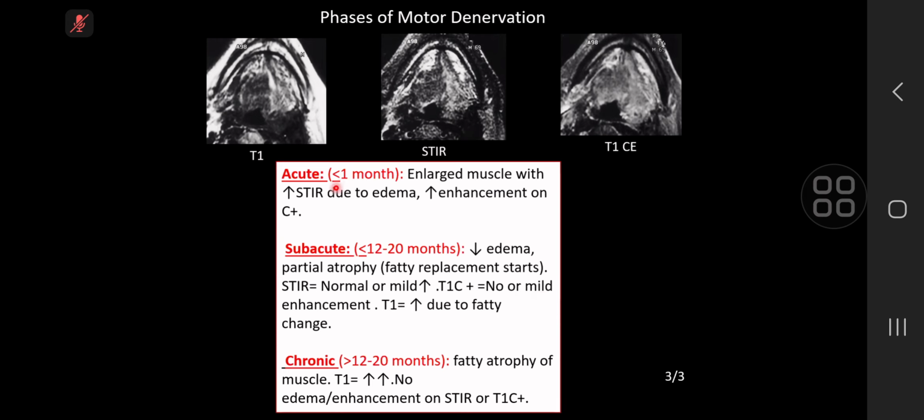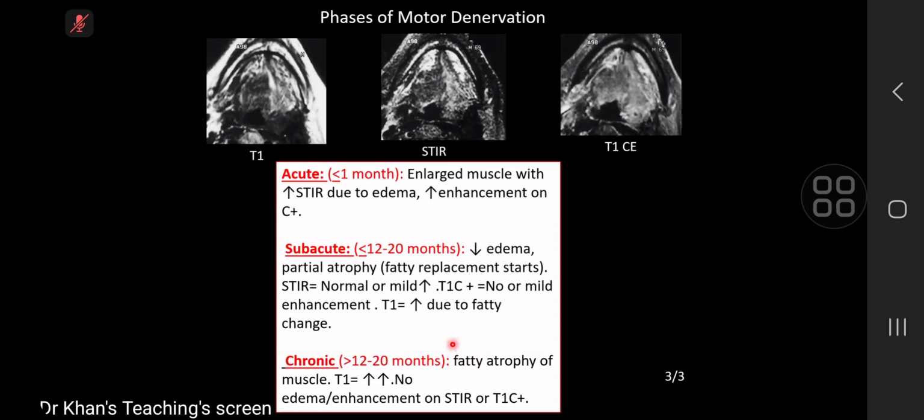And the concept is that when there is motor denervation, initially the muscles show edema. So they are high in signal intensity on STIR sequence and can show enhancement. In a subacute form, the edema subsides, and there will be fatty replacement. So there will be patchy enhancement, just like our case here. And in chronic, it will just become fatty atrophy.